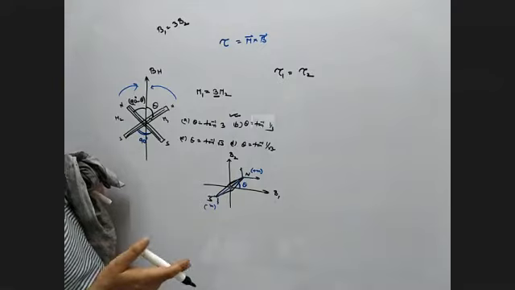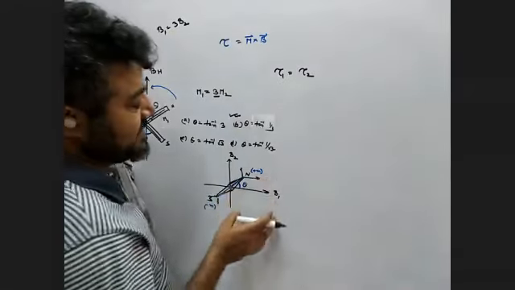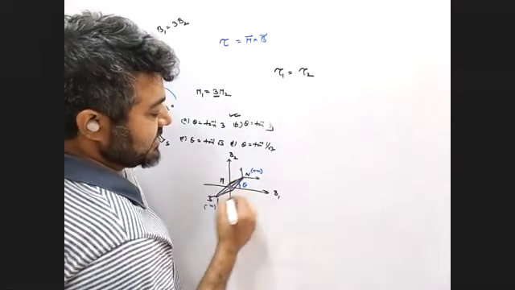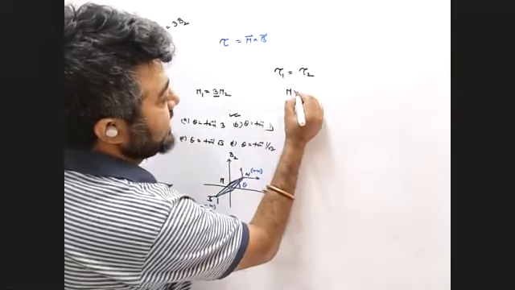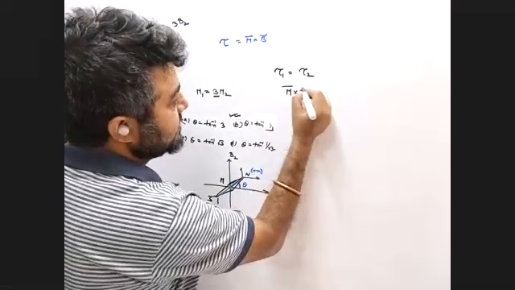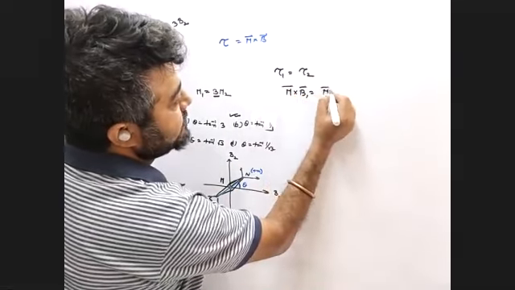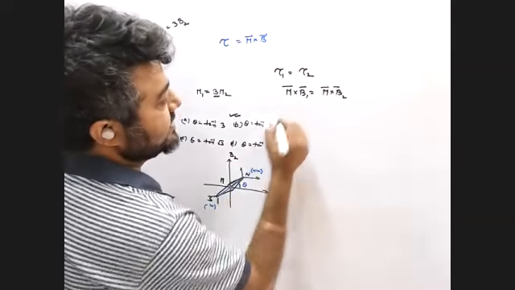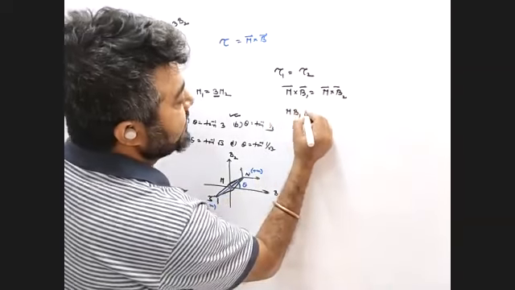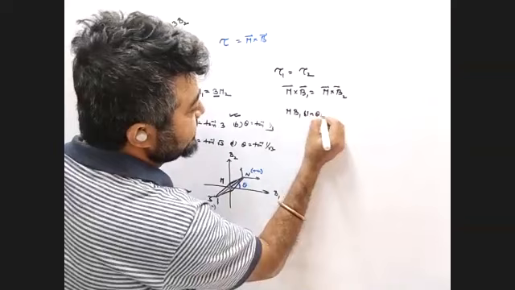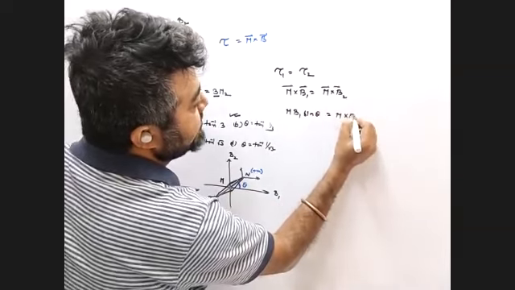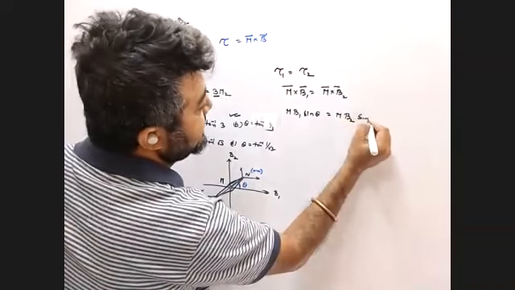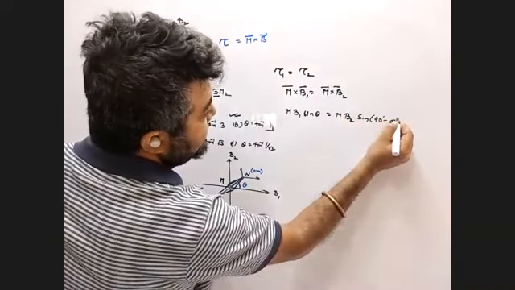That can be changeable, but you try to understand the concept. The concept is that this is the magnetic moment. So magnetic moment into B1 equals magnetic moment into B2. If we suppose this angle is theta, then M B1 sin theta is M B2 sin(90 minus theta).